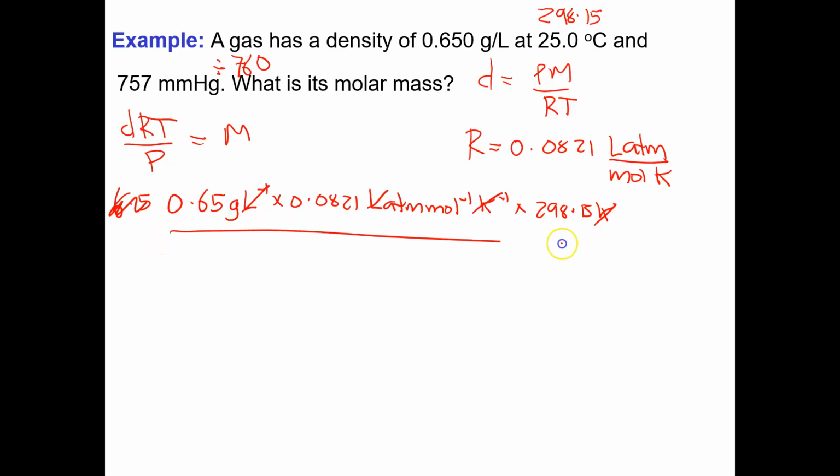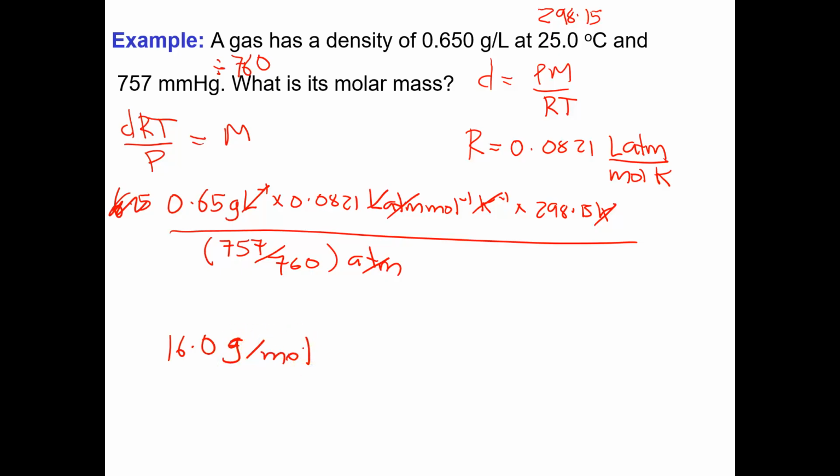Okay, and now we have to divide this by the pressure in ATM, which is going to be 757 on 760 ATM. So now we can cancel out ATM, and the only units that we have left are grams per mole, and to three significant figures this works out to be 16 grams per mole. And there we go. By measuring the density of a gas, its pressure and temperature, we're able to confirm its molar mass, which is kind of fun.